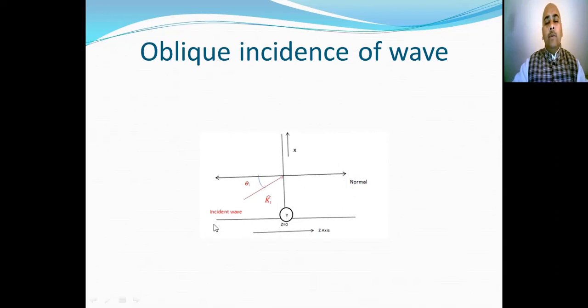So now let us suppose an electromagnetic wave is incident at the boundary of two mediums, and the incident wave makes angle theta i with the normal to the boundary.